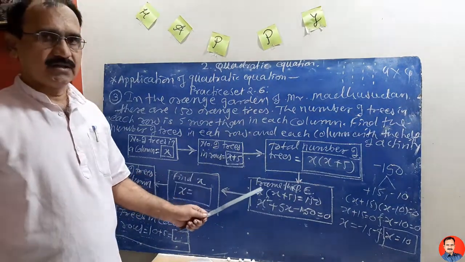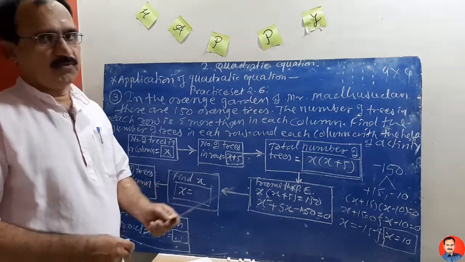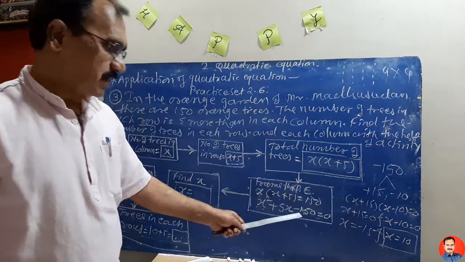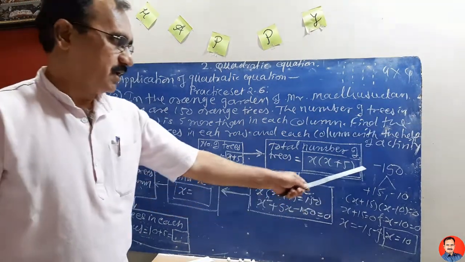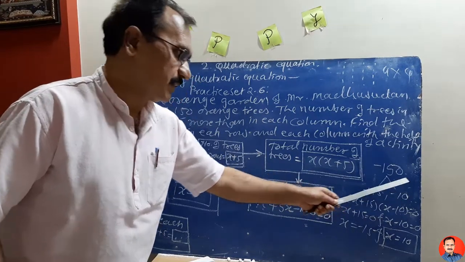In an activity question, we have to fill only the empty boxes. But for filling the empty boxes, we have to solve the quadratic equation. Here the third term is minus 150. Factors of minus 150 are plus 15 and minus 10.